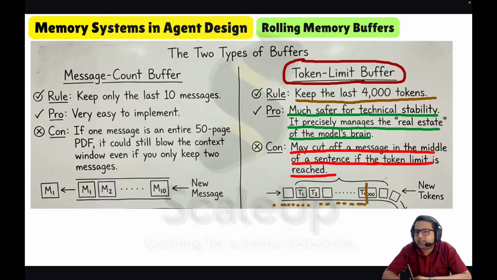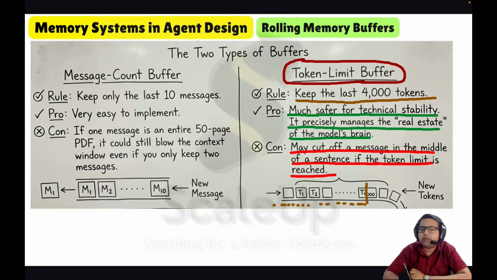Then when we are flushing out to make room, it might happen that instead of flushing out the entire message, we are just flushing out 50% of the message. 50% of the message is outside the buffer, it got flushed out, and the 50% incomplete message is part of the buffer. That might happen.